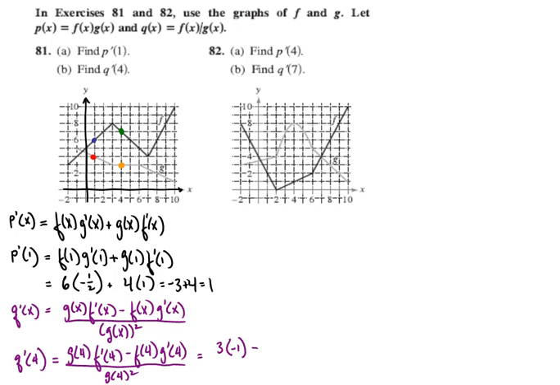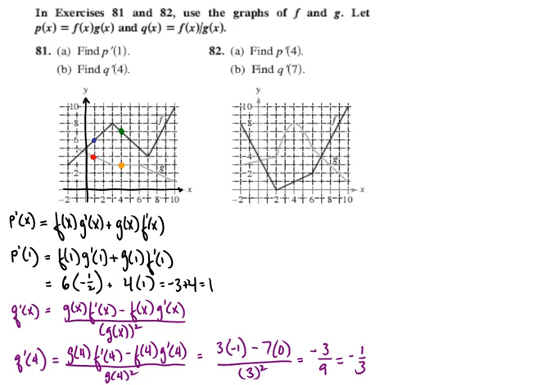F of 4 is 7, and g prime of 4 is 0. G of 4 is 3, and 3 squared is 9. So in the numerator, 7 times 0 will zero out, and we'll have negative 3 over 9, or negative 1/3.